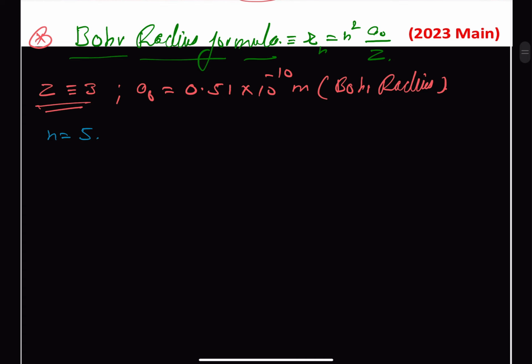Therefore we substitute all the relevant values and parameters. We get r of 5 is equal to n square, which will be our 25, multiplied by 0.51 into 10 to the power minus 10, and z is our 3. So this gives us that r of 5 will be equal to 4.25 into 10 to the power minus 10 meters.